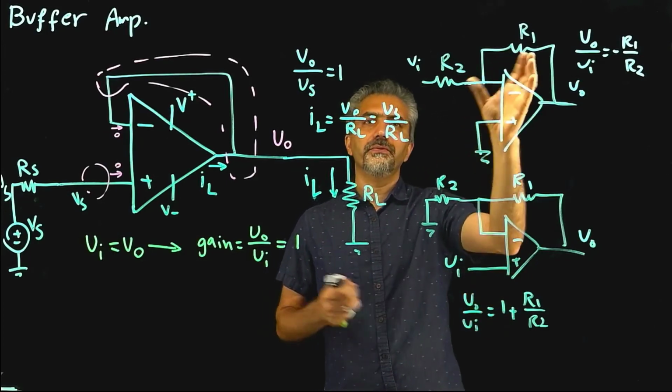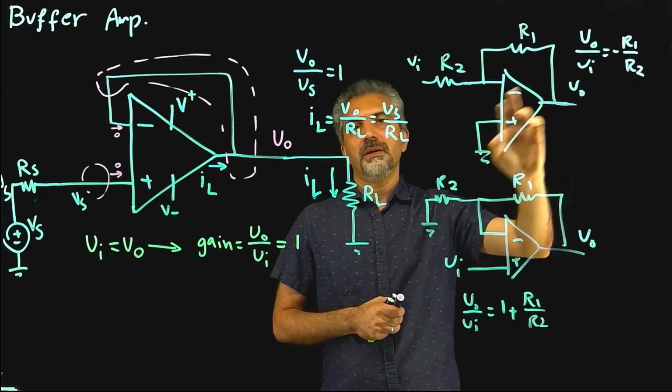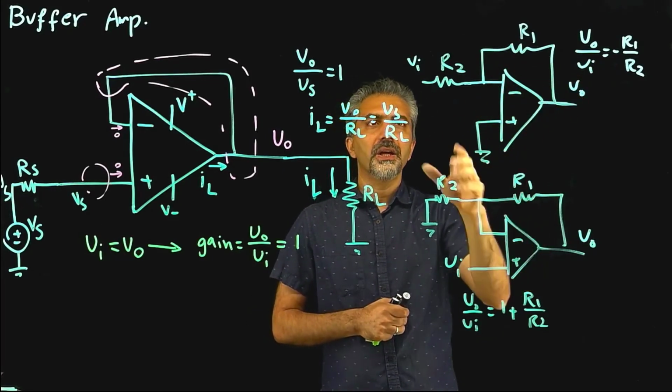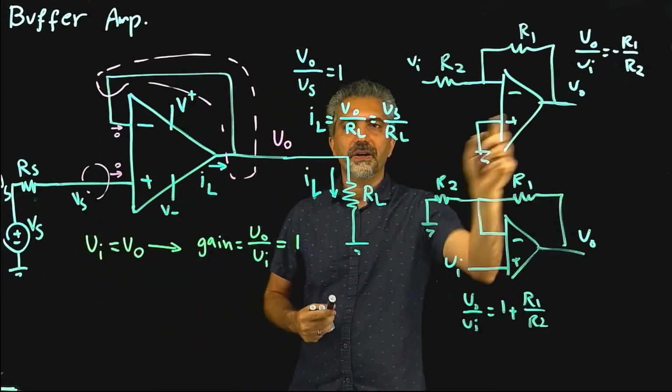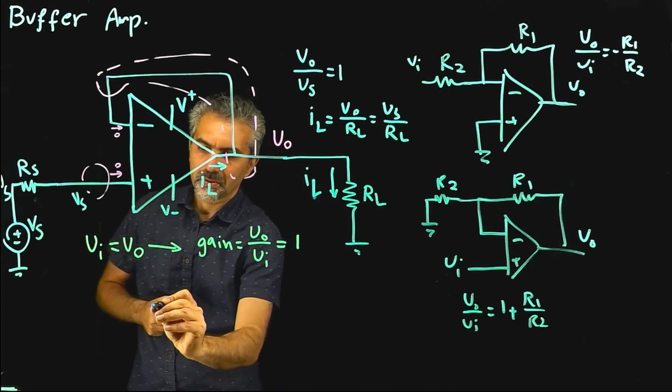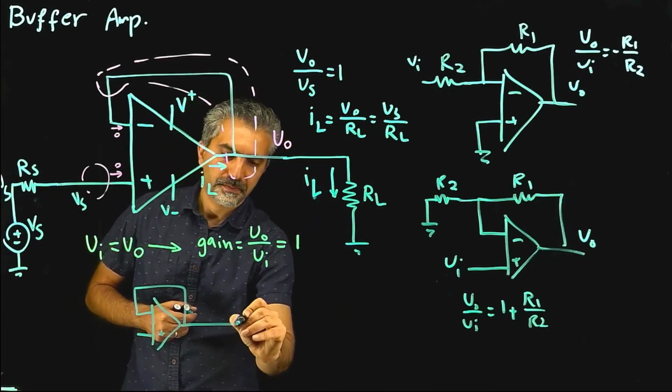Or if you have to, for whatever reason, use a negative gain because you want to change the polarity, what you could do is to actually put one of these amplifiers in front of that. So you end up doing something like this.